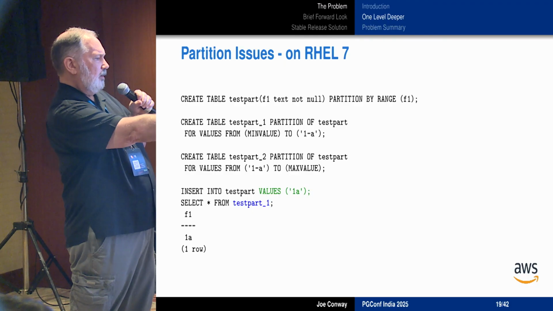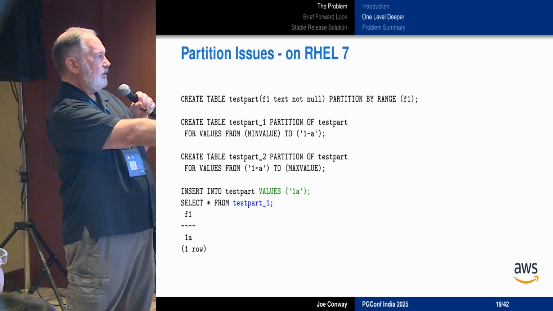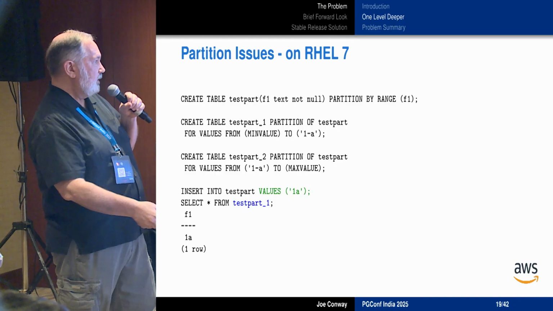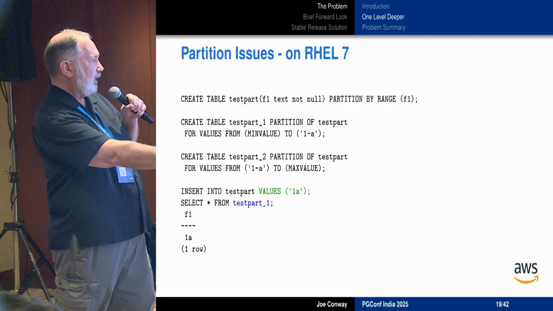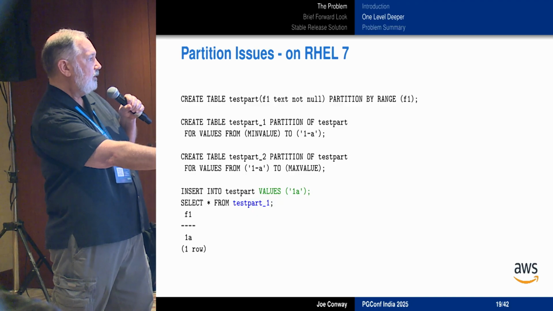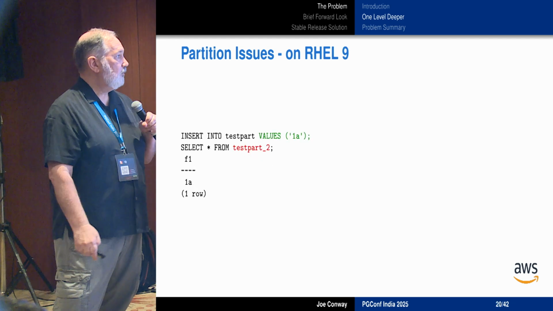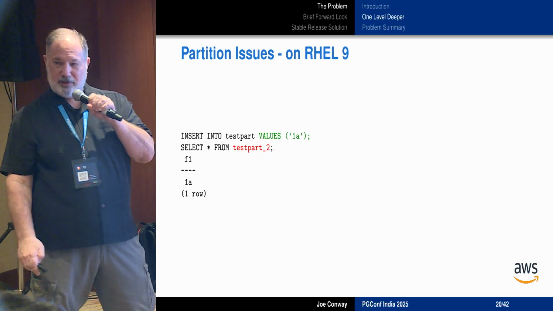And those are, I think this is a less than, and then this is a greater than or equal to, right? And so on my RHEL 7 system, when I insert 1A, it's going to go into partition 1. But when I do that on my RHEL 9 system, it goes into partition 2.